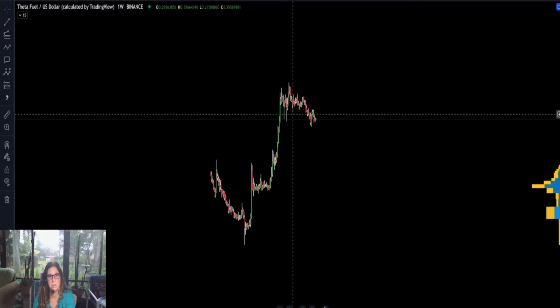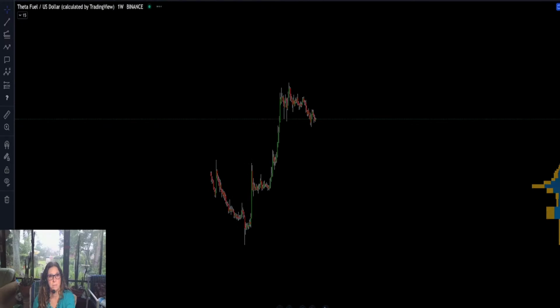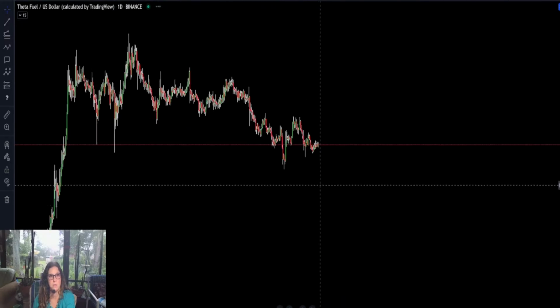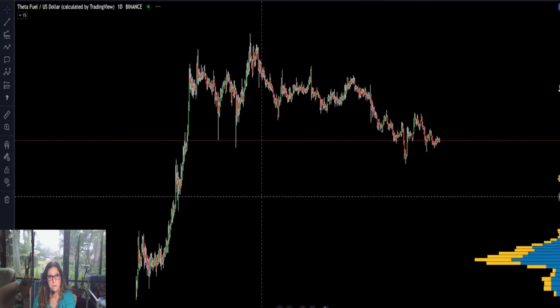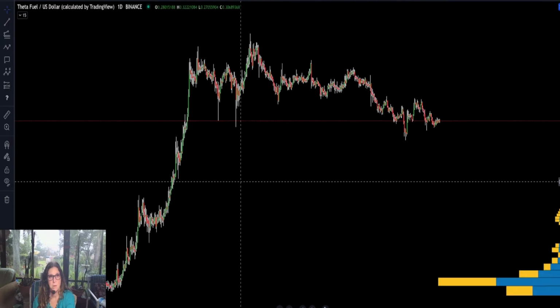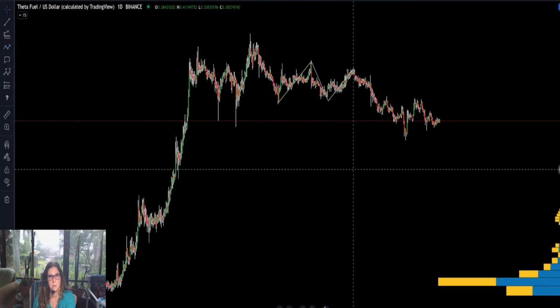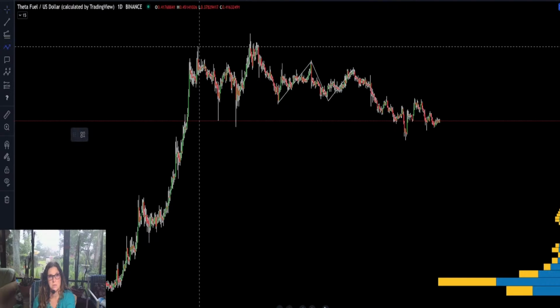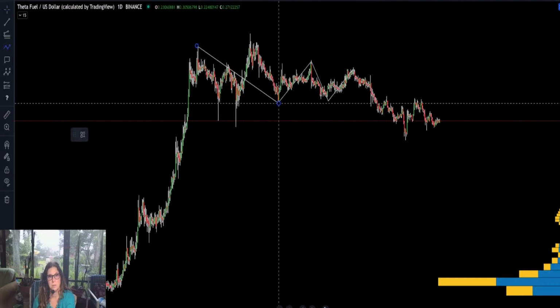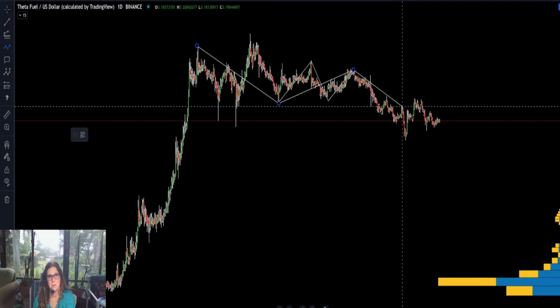And this looks the same on both of them. I didn't go down on the very low time frame, but they both look the same. Looks like we had a middle connector in here. This was its first correction, connecting to here to the downside.